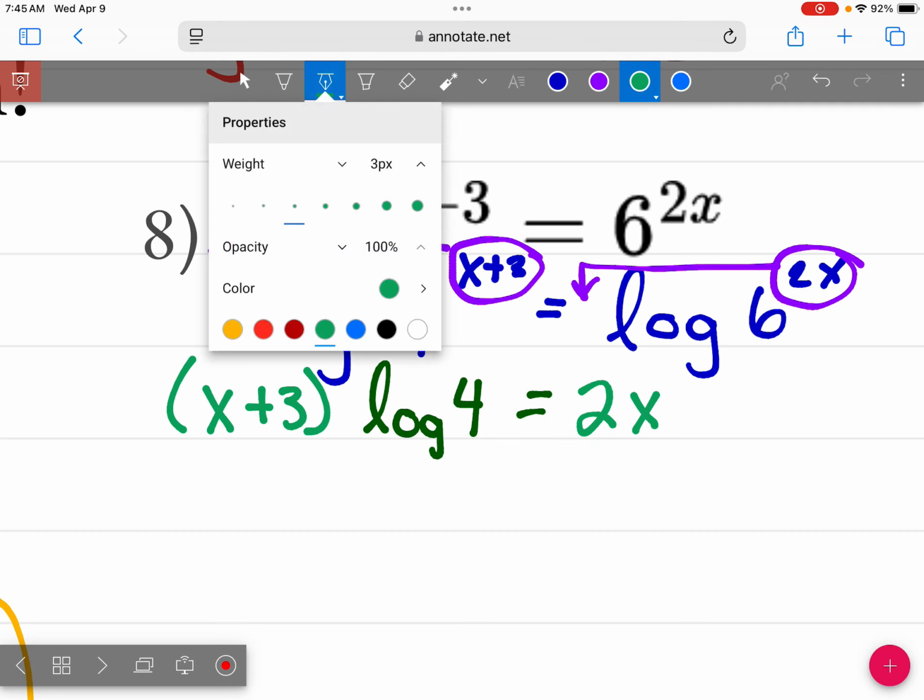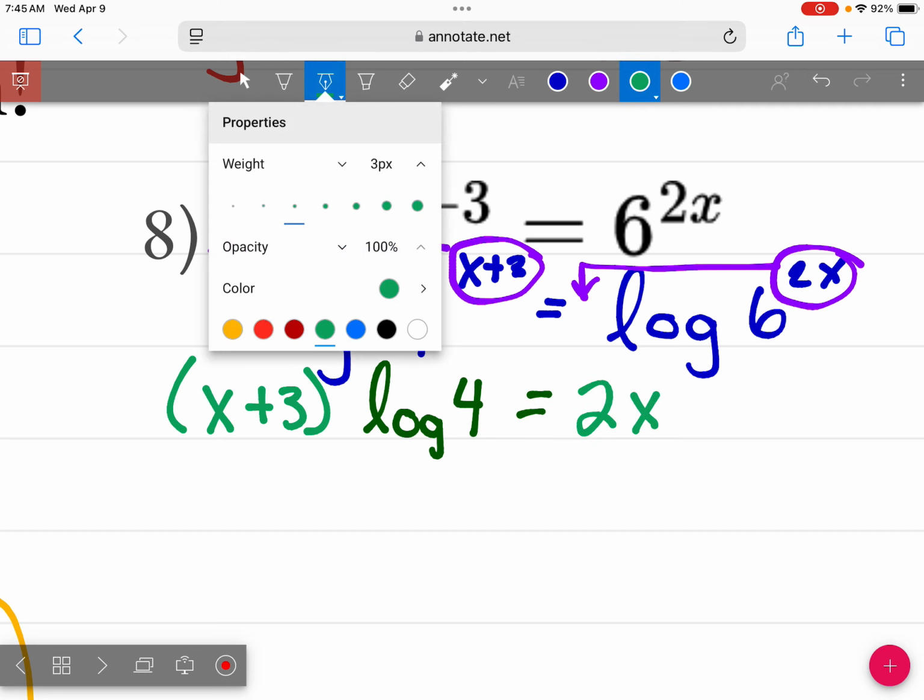So then we're going to gather our x's together on the same side of the equal sign. I have our x log of 4 plus 3 log of 4, so I need to subtract this guy from both sides. So we're going to have our 3 log of 4, and that's equal to our 2x log 6 minus x log 4.